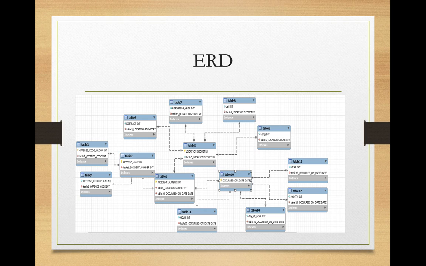So let's talk about the ERD. The ERD is the entity relationship diagram. A shorthand ER diagram refers to the basic structure of data in terms of three basic conceptions: entity, relationship and attribute. Describing the conceptual model of static data structure in the database is an indispensable part of the software system.